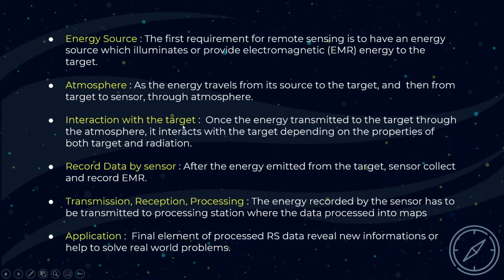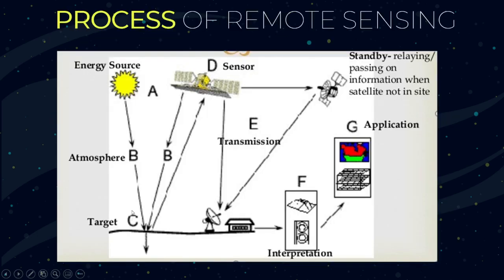Then interaction with the target. Once the energy is transmitted to the target through the atmosphere, it interacts with the target depending on the properties of both target and radiation. This target on the Earth's surface can be any object such as trees, buildings, cars, water body or vegetation cover, anything. Each of these objects has its own electromagnetic radiation properties.